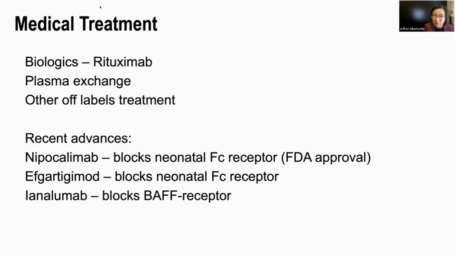We do sometimes offer that to patients with quite severe disease in Sjogren's as well as other conditions. Sometimes we do plasma exchange, and there are also other off-label treatments. I guess it's exciting to see that there are a number of new drugs now being tested formally in patients with Sjogren's disease.